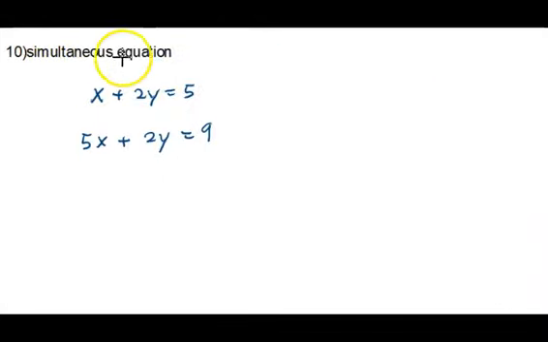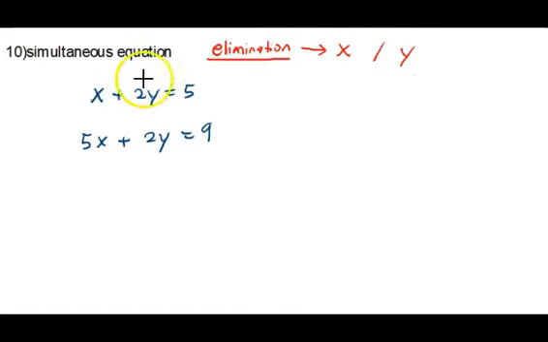Okay, for simultaneous equations here, I'm going to teach you both methods. The first one is the elimination method. For the elimination method, we are going to eliminate either x or y. So we have to search for the one that has the same variables.